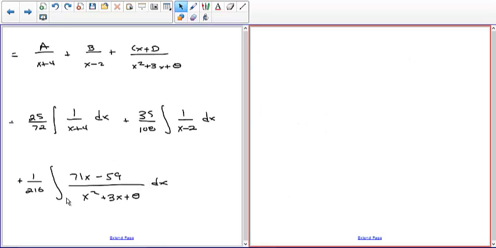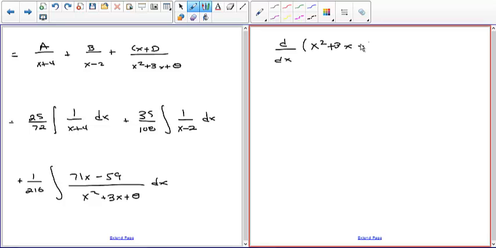So what we need to do is rewrite this as two parts. And if we take the derivative with respect to x of the denominator of that expression, what we'll get is 2x plus 3. So remember what we do here is we set 71x minus 59 equal to a times 2x plus 3 plus some constant b. So we just need to figure out what a and b are.